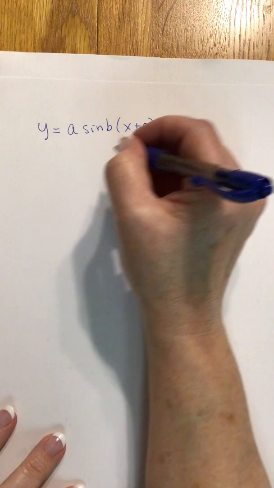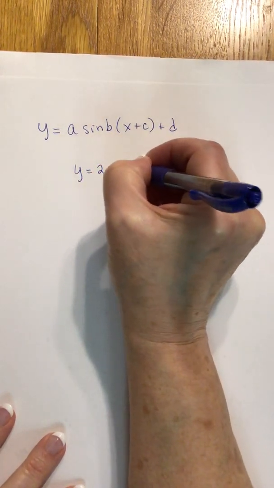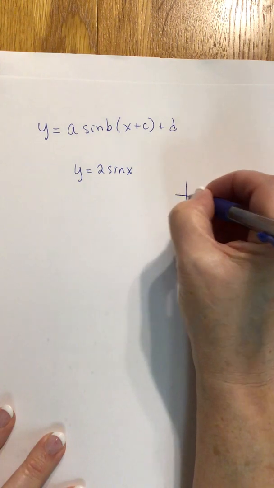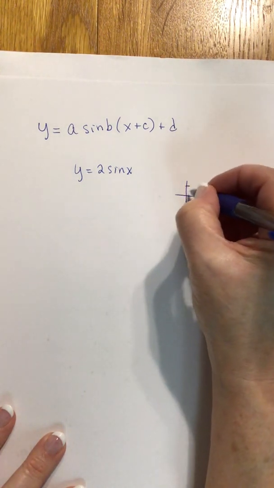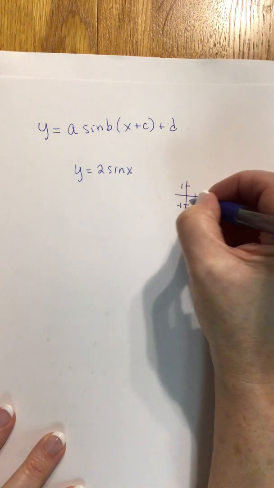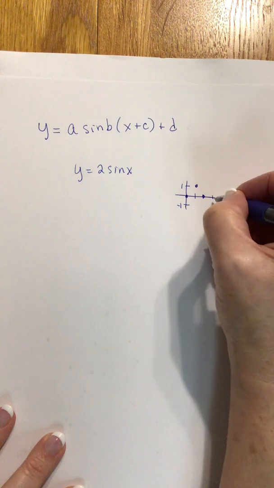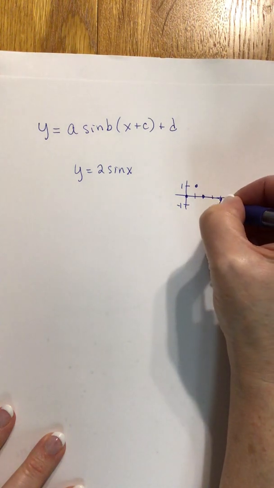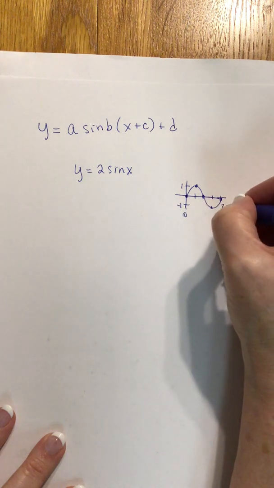So now we're going to look at graphing y equals 2 sine x. So we're going to go over here to the side and remind ourselves what the basic sine function looks like. Goes up 1, down 1, so it starts at 0, pi over 2 is 1. So we ought to be able to very quickly draw something that looks like this, the 1 period, so 0 to 2 pi.